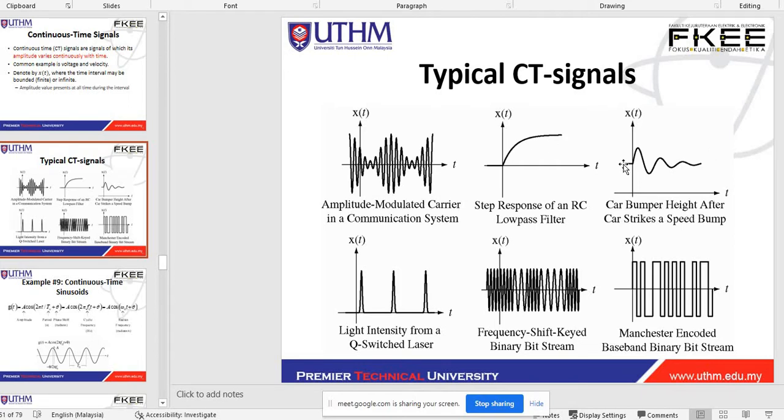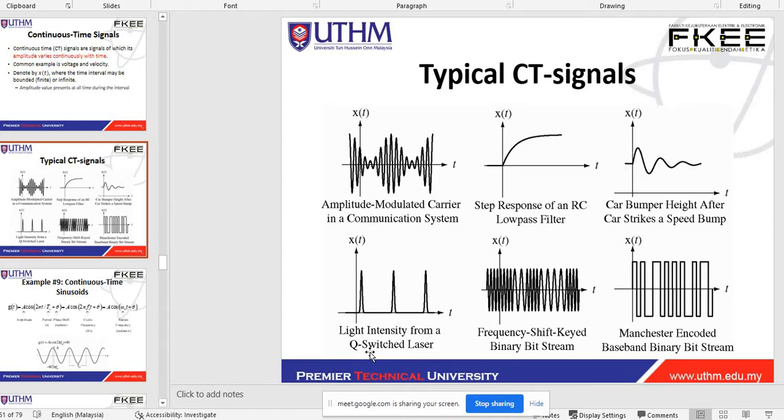So you will have this kind of signal, which could be from the front tire, and this is from the back tire. It is hard to imagine, but if you drive a car and pass through the bumper without pressing the brake, you will have boom boom like this. So this is the signal.